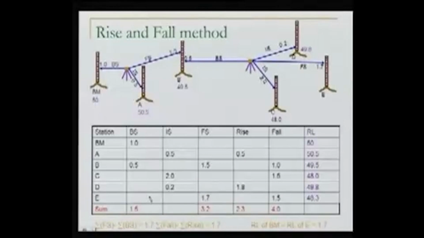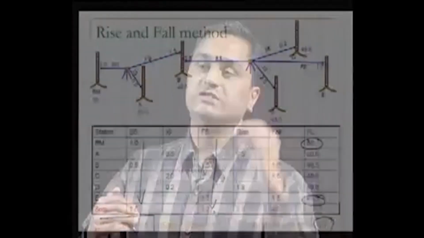Well, the very first check is RL of first point minus RL of last point is 1.7. Well, we have already done this: sigma of backsight minus sigma of foresight. This is 1.7. We have done it already. One more check that we can do, because we are either rising up or falling down, is the sum of rise and sum of fall.